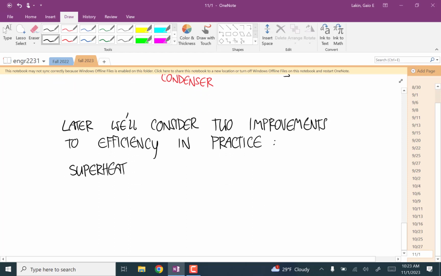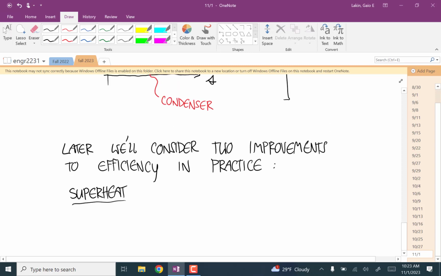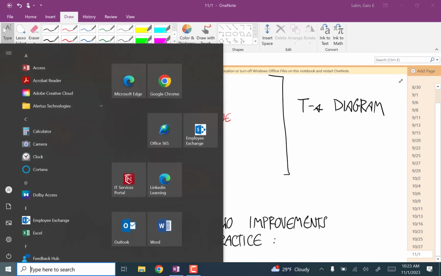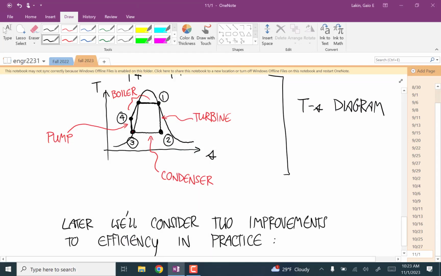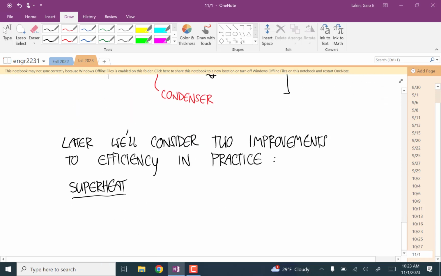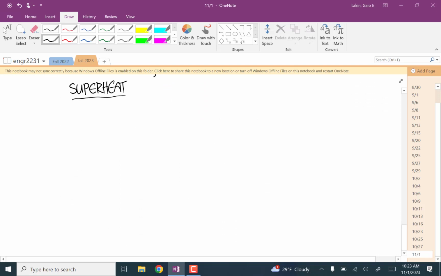So we'll see that you can get more efficiency if instead of just the boiler taking the working fluid to a saturated vapor, you get to the saturated vapor and then heat it up more into a superheated vapor. So that looks like this on the TS diagram. So you get to the saturated vapor, then heat it up a little more. Everything else stays the same.